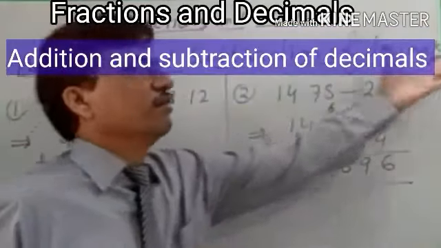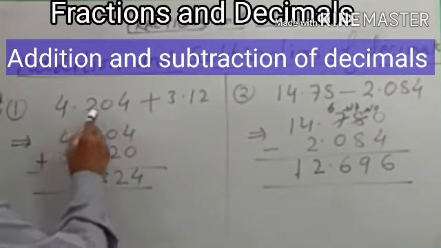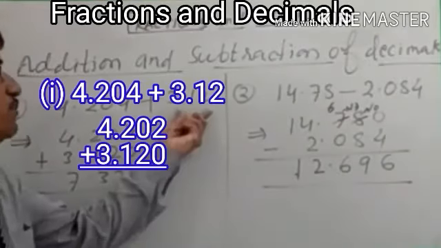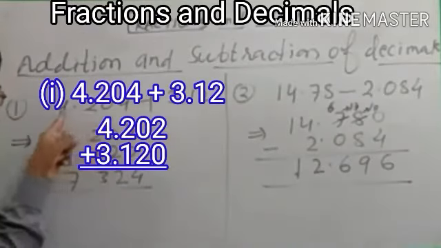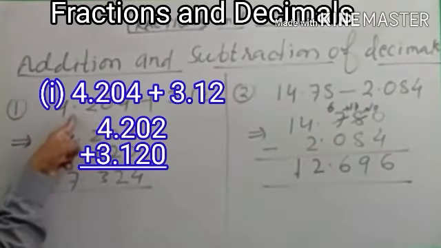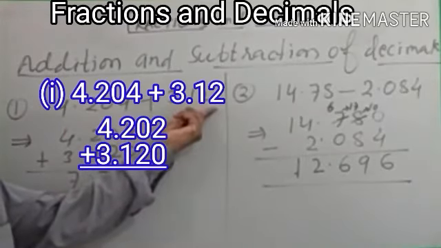Addition and subtraction of decimals. First, 4.204 plus 3.12. We have to add these. Students, you can see after the decimal there are 3 digits and here after the decimal 2 digits.